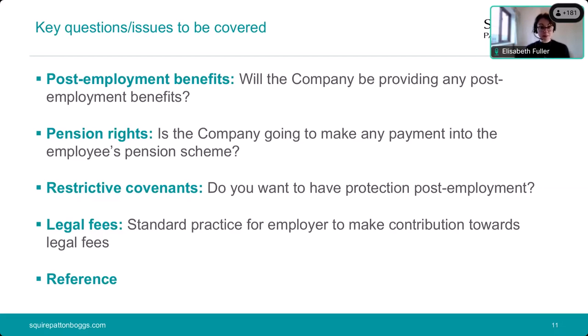If you are, then you need to be setting that out clearly within the settlement agreement to avoid any dispute about that later on. It is worth considering whether or not you can agree to continue insurance benefits, as this can come as a benefit to the employee, but at minimum cost to the company. So it is worth bearing that in mind.